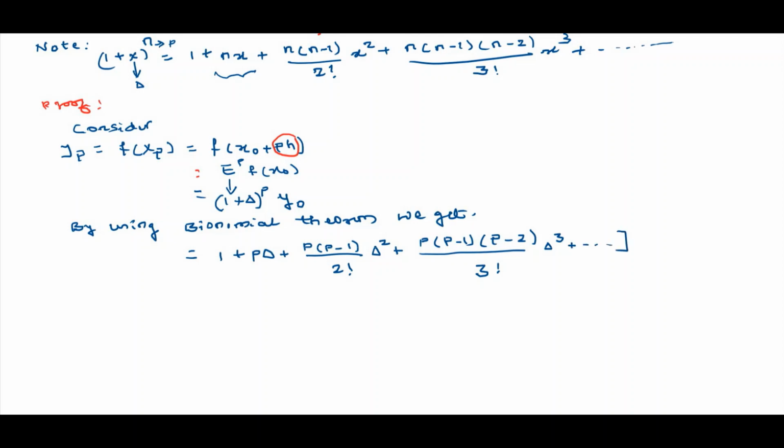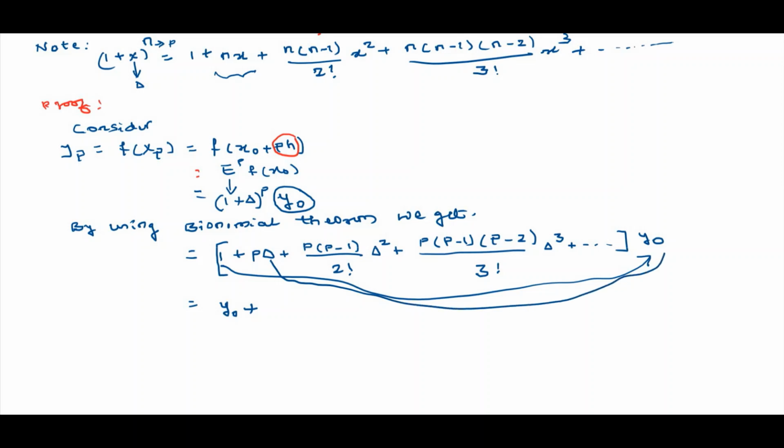I will complete this bracket and I will write this y naught outside the bracket. So this y naught as it is. Now simplifying means multiplying this 1 with y naught, so we get y naught, plus p into delta y naught.